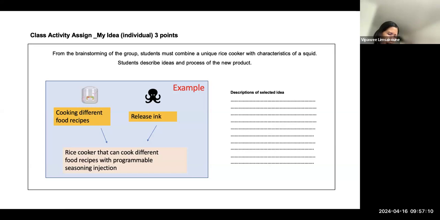I encourage you guys to design based on reality as well. For example, I saw a former student wrote that he or she will use a squid to help cooking. So my suggestion or my feedback is that you could propose to use a robot arm similar to the squid, what do you call it?